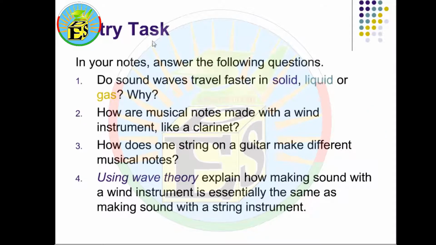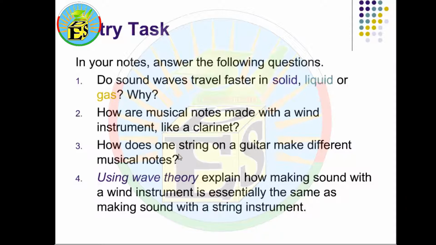Answer task. This question we will answer at the end of this lesson. In your notes, answer the following questions. Do sound waves travel faster in solid, liquid, or gas, and why? How are musical notes made with a wind instrument like clarinet?